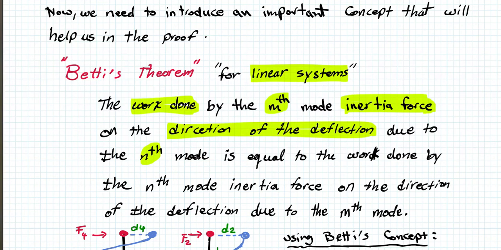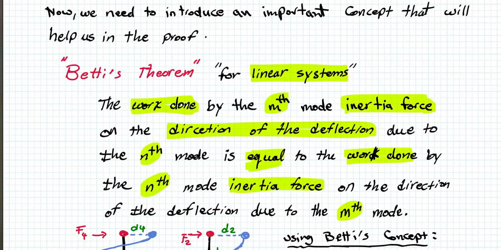Work done by the inertia force of the mth mode on the direction of deflection of the nth mode is equal to the work done by the nth mode inertia force, still we are talking about inertia, on the direction of the deflection due to the mth mode. These are the keywords here.